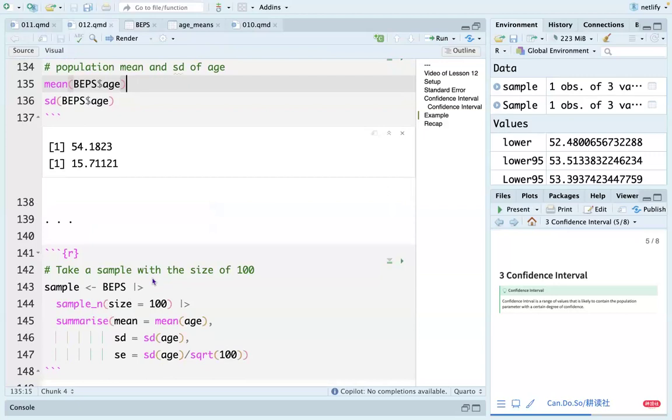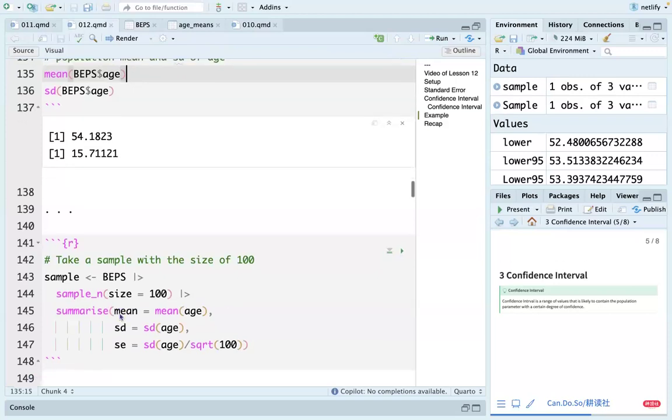Then we take a sample with the size of 100. So we randomly choose 100 observations.